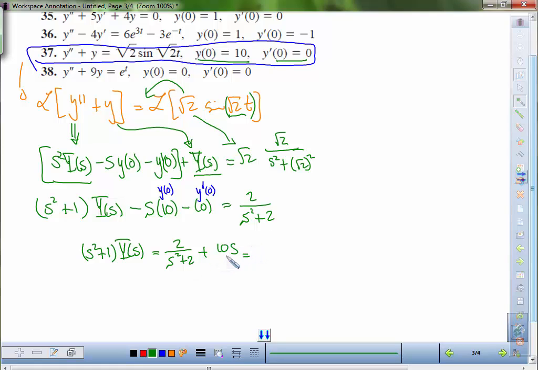So, common denominator. S squared plus 2, s squared plus 2. This will give us, I have a 2 and then a 10s, so 10s cubed plus, this is an s, plus 20s plus 2 all over s squared plus 2.